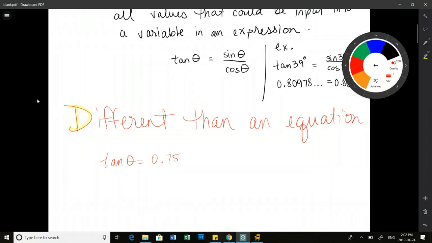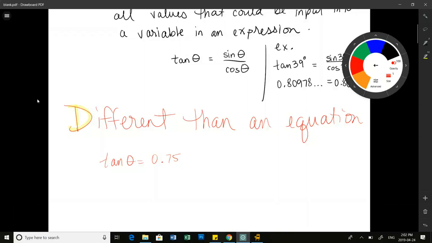Now this is only true for one specific value, or maybe two because of the CAST rule. It's only true for certain values of theta. It's not true for all values of theta. So that's the difference between an equation and an identity. An identity is going to be true for all values of theta, provided you plug in the same value for each of them when you're testing the expression.